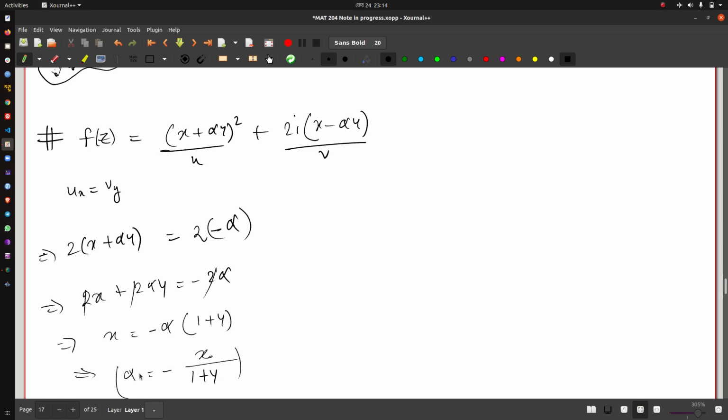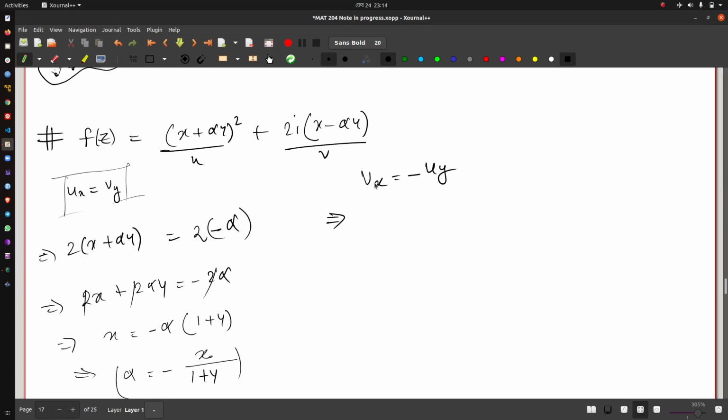Let's see the other Cauchy-Riemann conditions, because there were two conditions and both of them have to be met simultaneously. That means ux should be equal to vy, but at the same time uy should be equal to minus vx. So vx is equal to minus uy. This was the second condition.